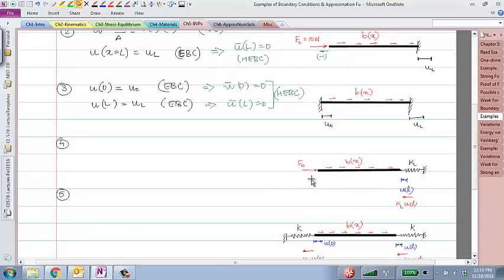Type of boundary condition at x equal to 0. Natural. So T0 is equal to given force divided by area, and by definition is equal to stress acting on the normal. That's natural boundary condition. And at the right end, what type of boundary condition is it?